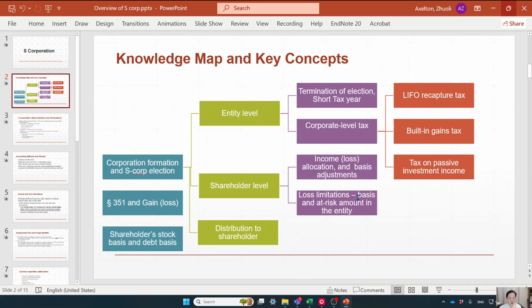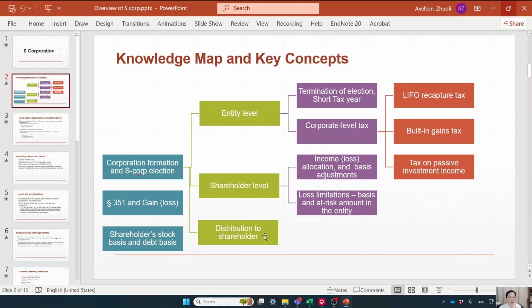Those hurdles are applied at the entity level for a specific entity. And the distributions to the shareholders, including liquidating distributions as well as non-liquidating distributions, have a similar treatment as the C Corp in a sense.